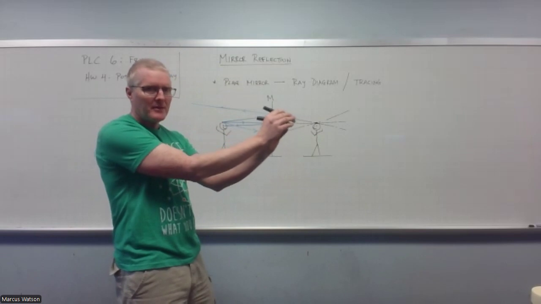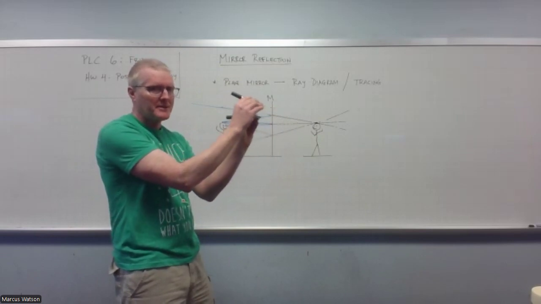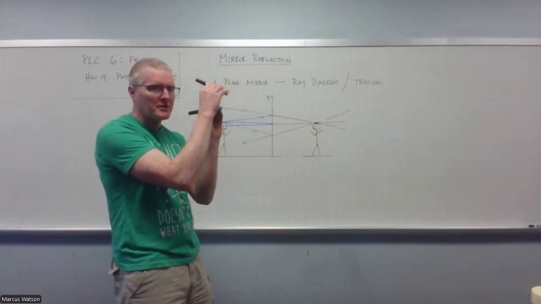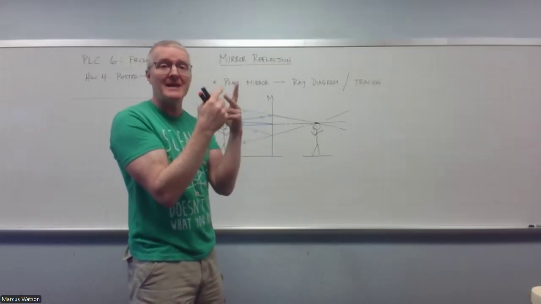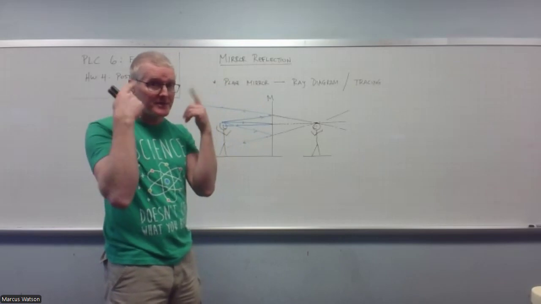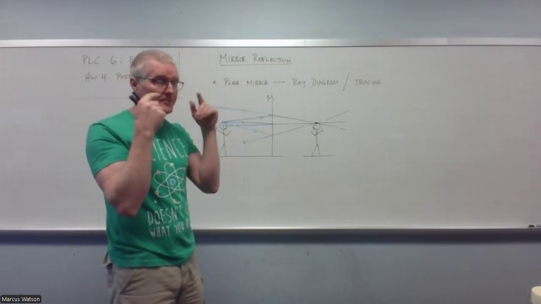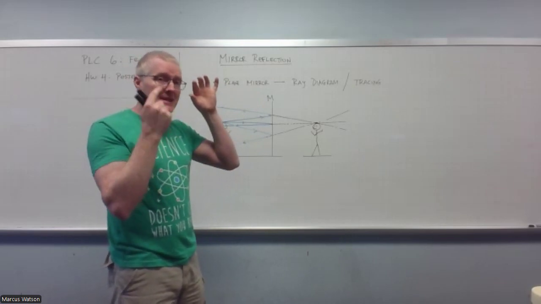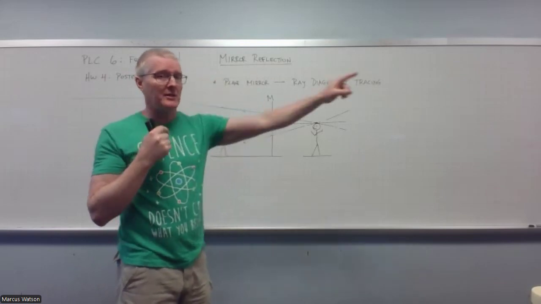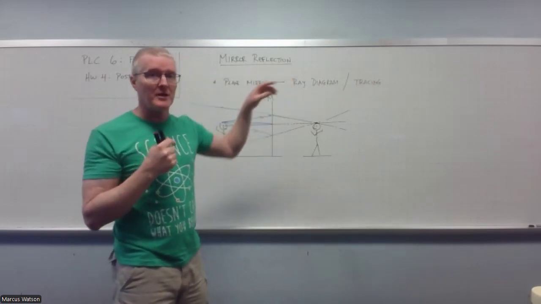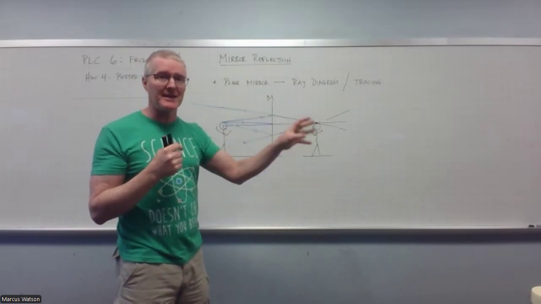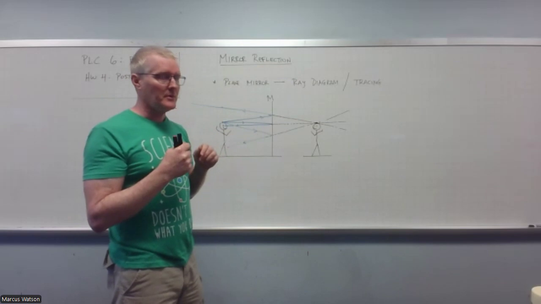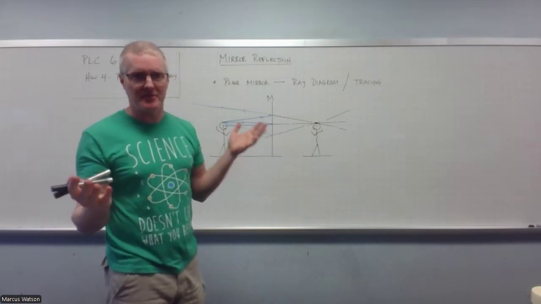So I'm thinking about the light coming in like this, but they're slowly going away from each other as they hit my eye, which means that when they focus in my eye and my eye sees an image like on the movie screen in the back of my retina here, then it sends that to my brain, and my brain says, well, it looks like they're coming from over here, exactly as if there were no mirror and there was a person standing here. And that person was an identical copy of me.